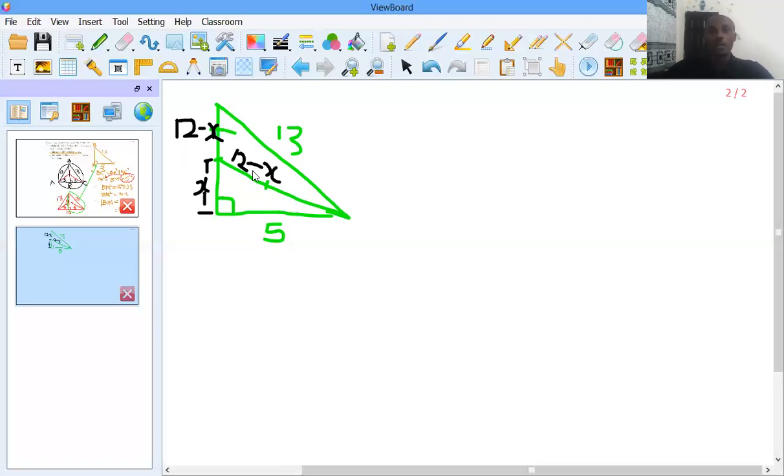So I'm going to be looking at the smaller right-angled triangle. If I do that, I'm still applying Pythagoras theorem. Then we have (12 minus x) all squared.